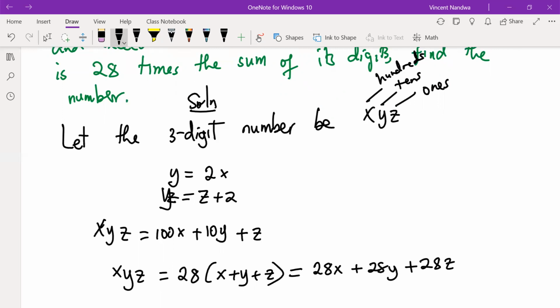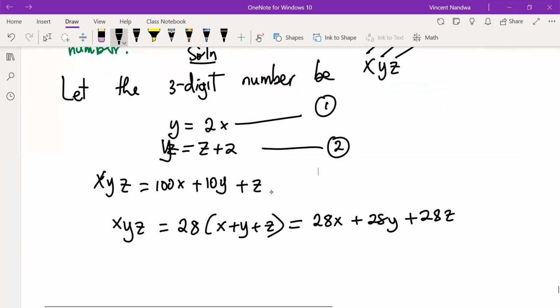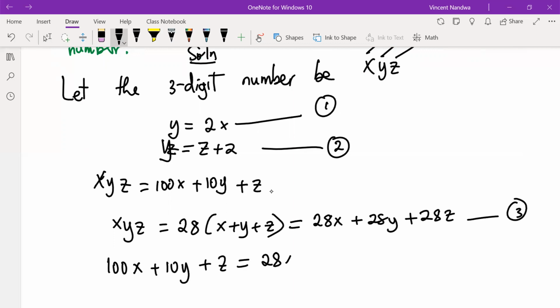With this, if we call this one 1, and we call this one 2, then where there's y, we put 2x. So from 1 and 2, I'll call this one 3. And xyz is the same as 100x plus 10y plus z equals 28x plus 28y plus 28z.